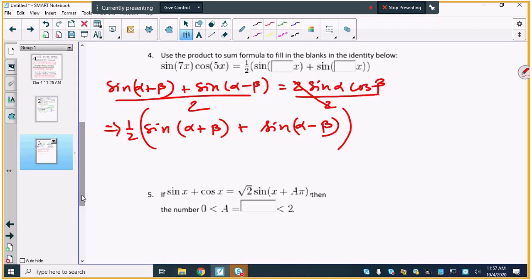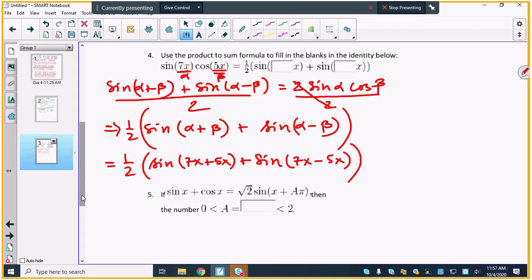So this is what I want, and I know what is alpha and beta. The alpha is 7x by the formula, the beta is 5x. So this is equal to 1/2 [sin(7x plus 5x) plus sin(7x minus 5x)].